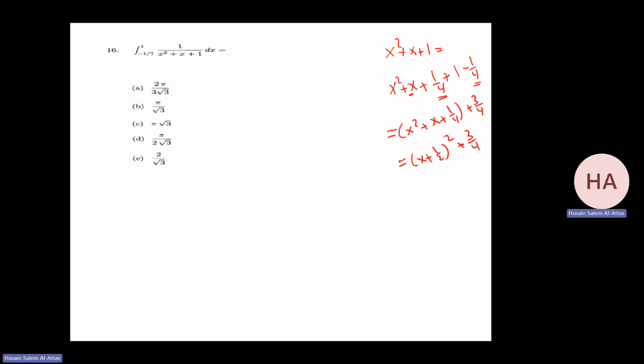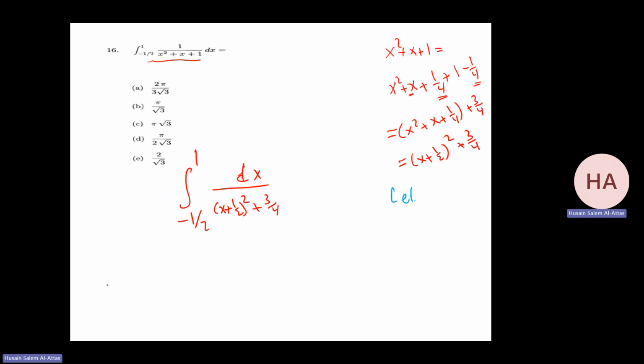Will that help? Yes, because it will be from minus half to 1. I just rewrite this in terms of this one: the integral of dx over x plus half squared plus 3 over 4.